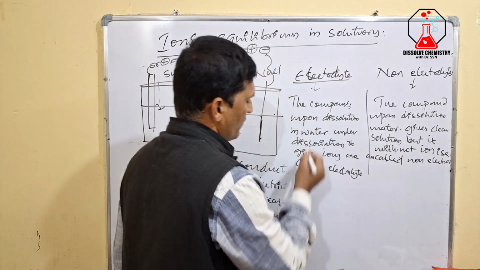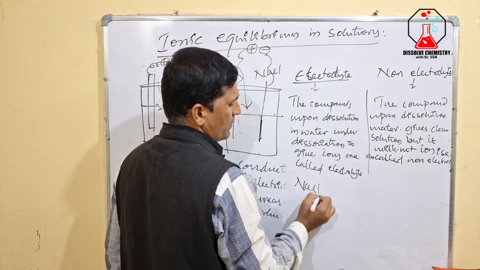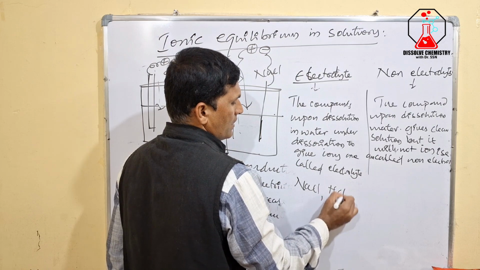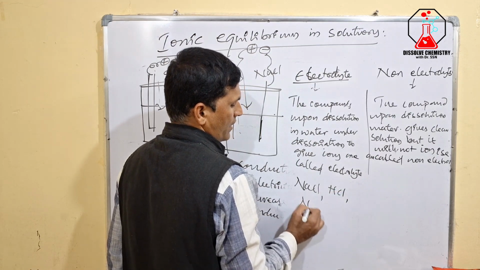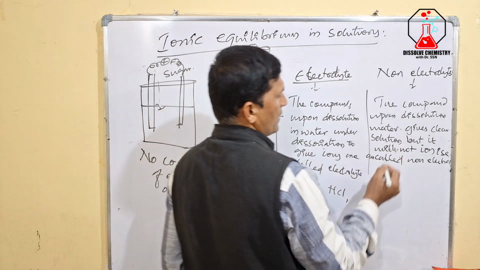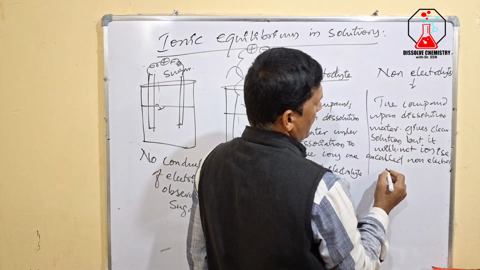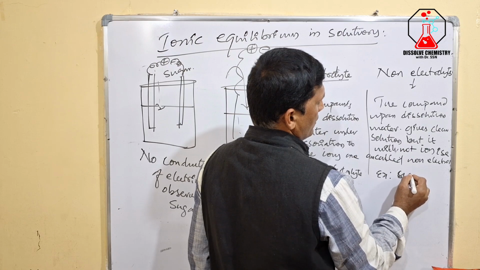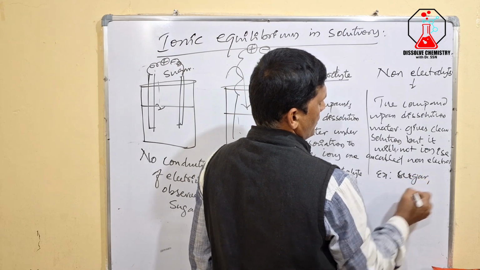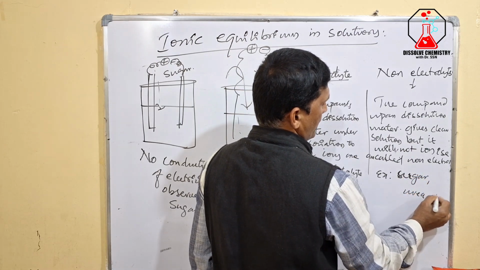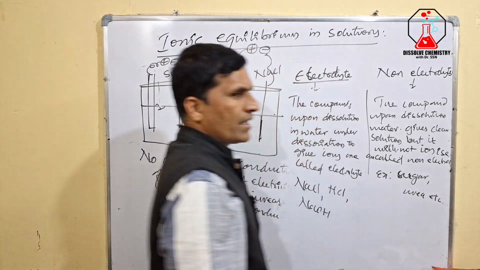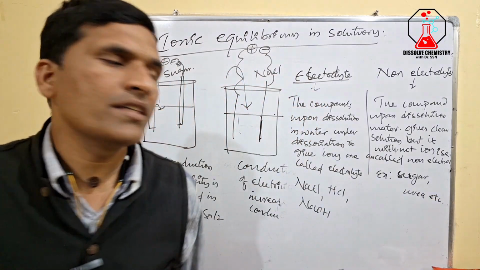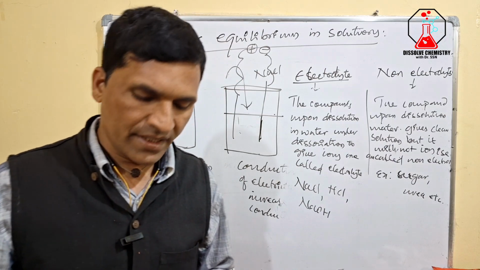Examples for electrolytes are NaCl, a common example, HCl, and NaOH. Similarly, non-electrolytes include sugar, urea, etc.